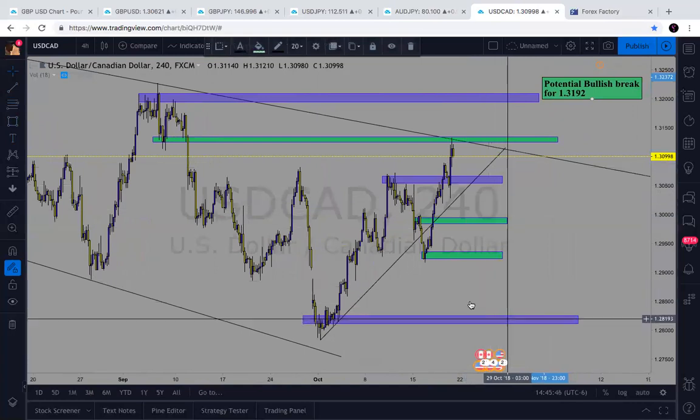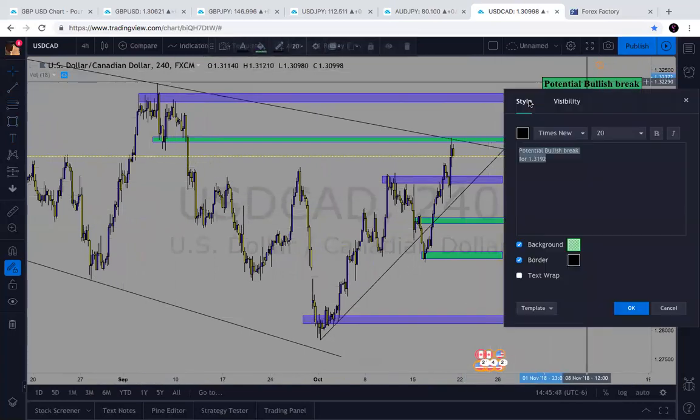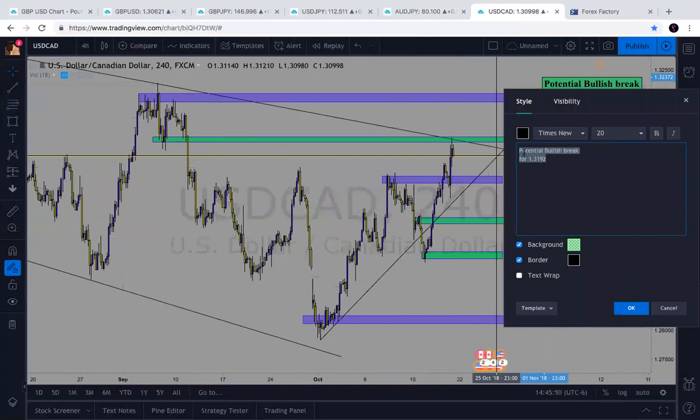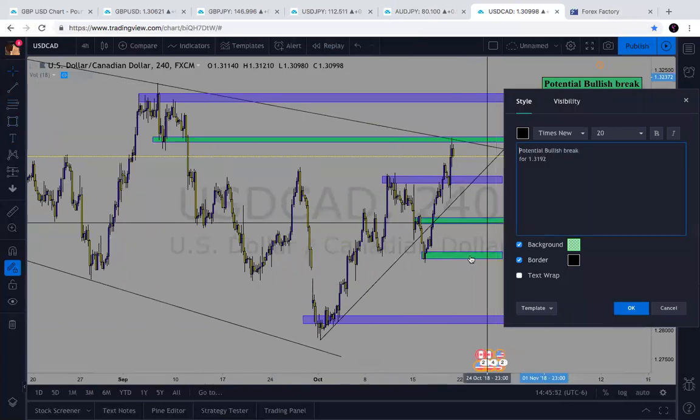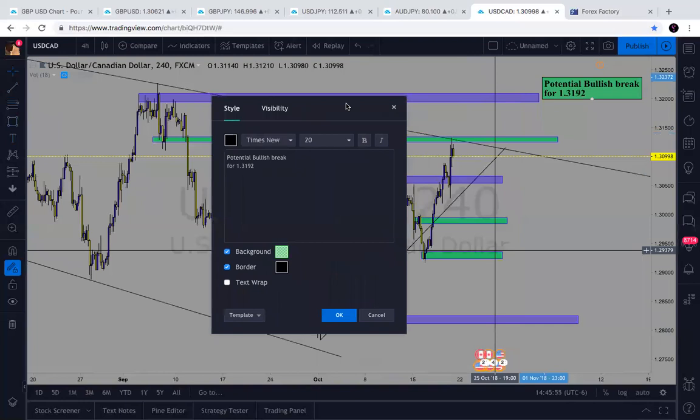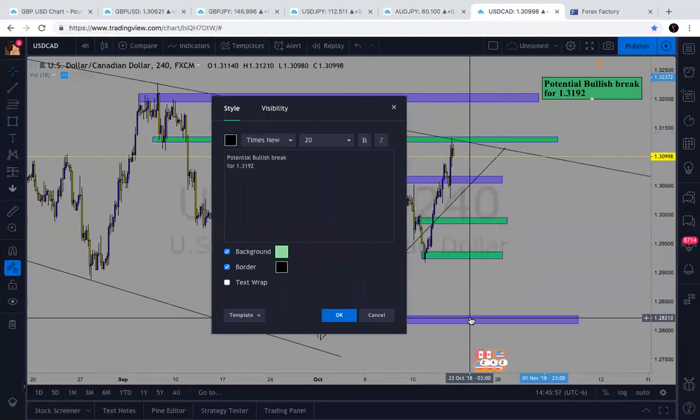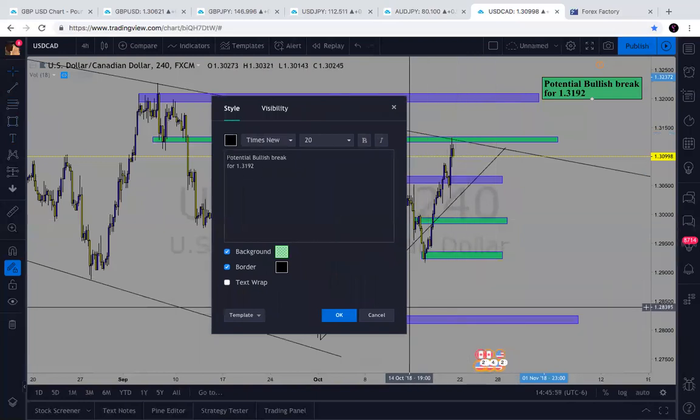Long-term potential. We're looking long. As far as the bears go, we're looking long-term for the 1.282. Let me just make this a little more clear to myself. Long-term potential bullish break.